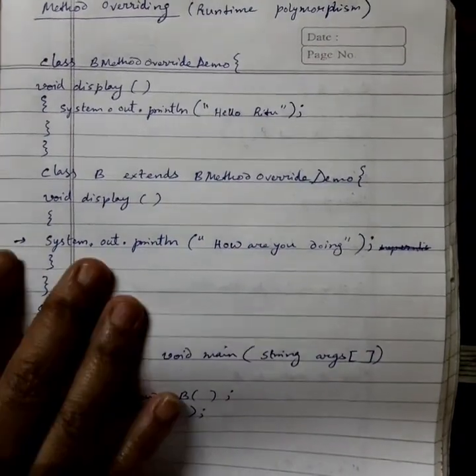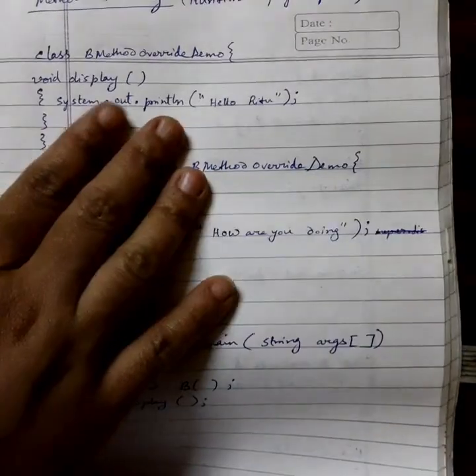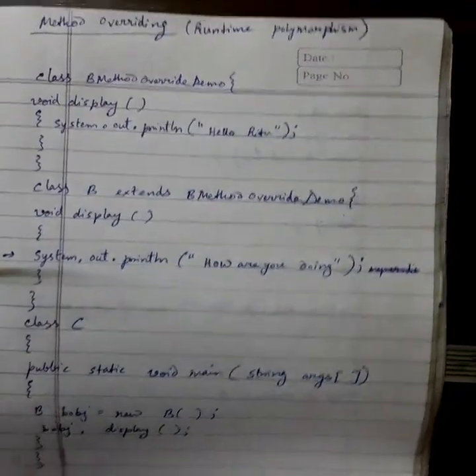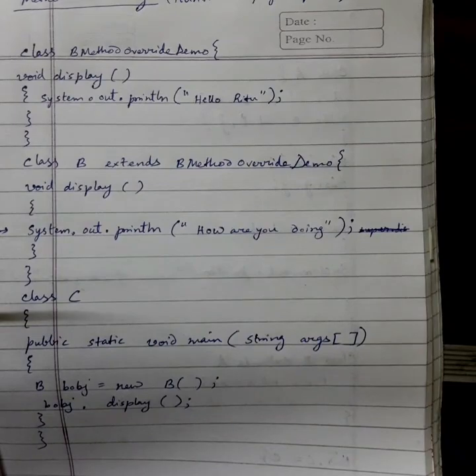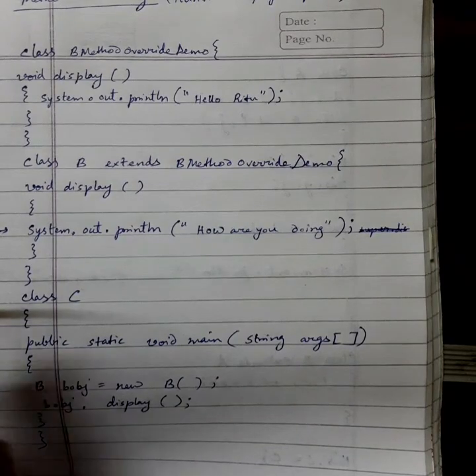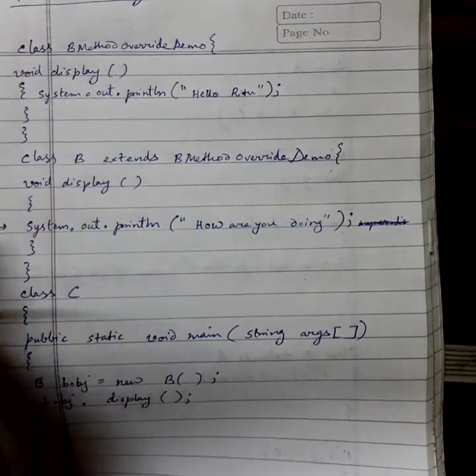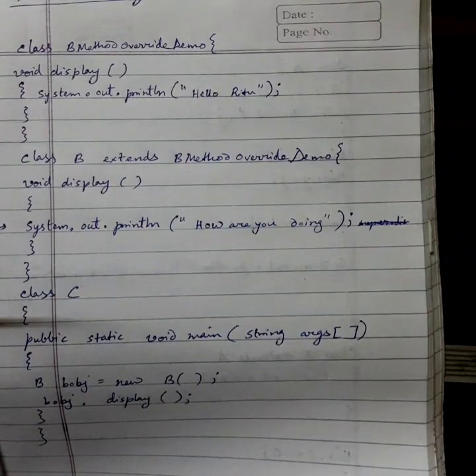So method overriding, let me talk about it before explaining runtime polymorphism. So how does method overriding look like? Here we have got a Java file, OverriddeDemo.java.